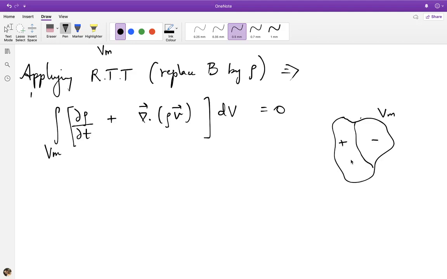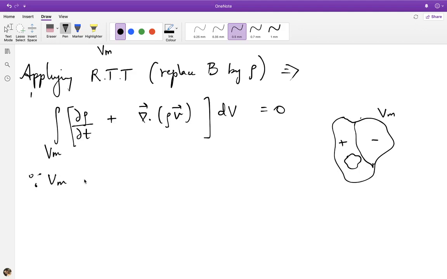Well, let's say for sake of argument that this is the case, but then I could have always chosen my material volume Vm to be entirely contained within a region that is positive at some time. In that case, this integral would be nonzero. And so that is a contradiction. By this argument, it means that the only way we could have this integrand go to 0 for arbitrary material volumes at all times is if the integrand is identically 0.